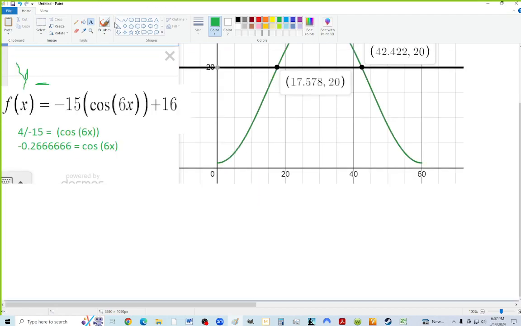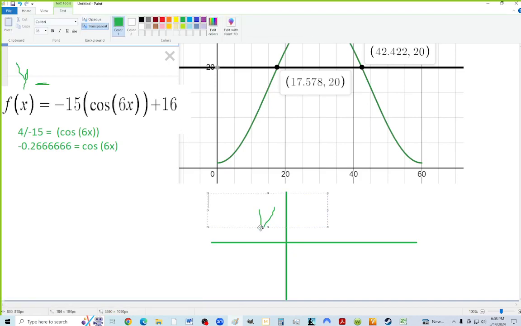From CAST, where is cos negative? In quadrant 2 and 3. Quadrant 2 is degrees 90 to 180, and quadrant 3 is degrees 180 to 270.